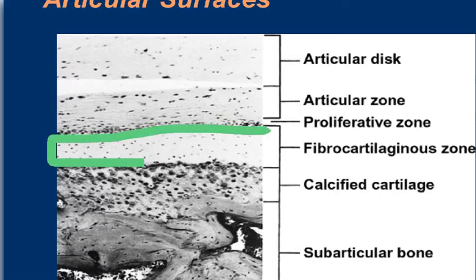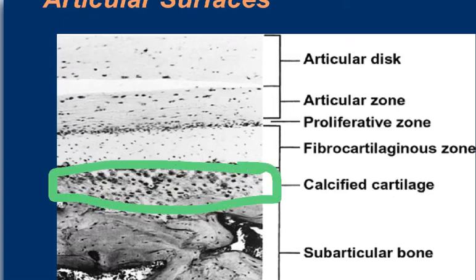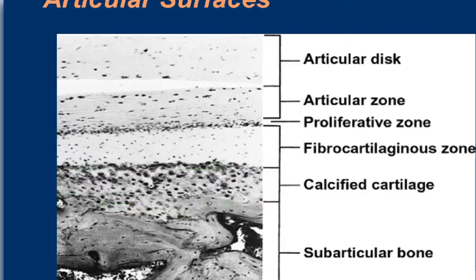Then we have the fibrocartilaginous zone. This zone is both collagen fibers and cartilage, so it's mixed. Then we have the calcified cartilage zone, which is cartilage but it's calcified. That's why it appears darker than normal cartilage.